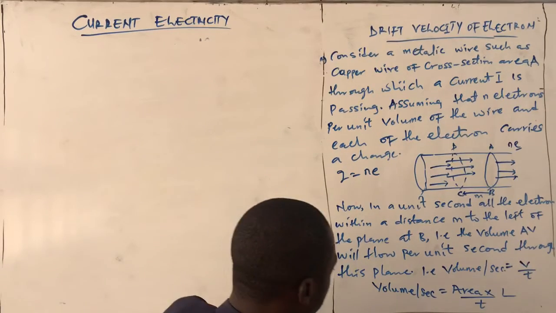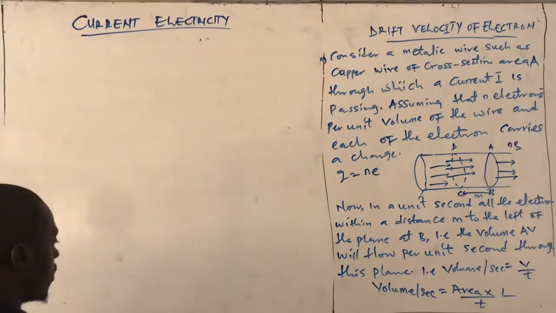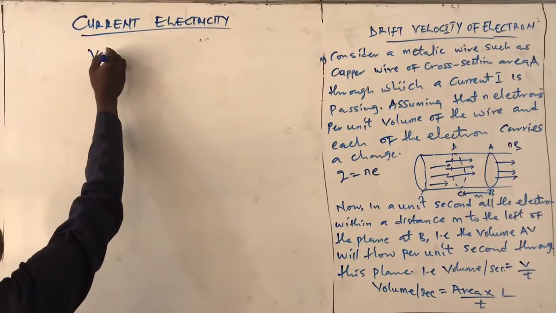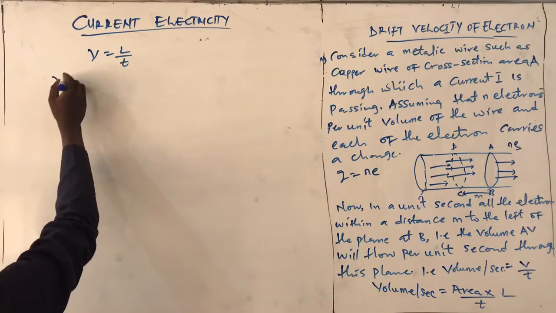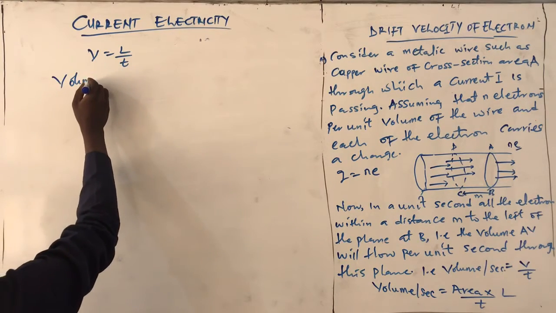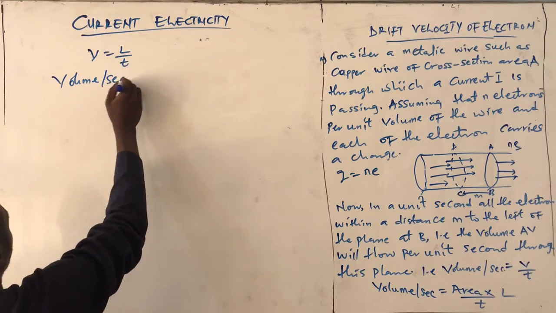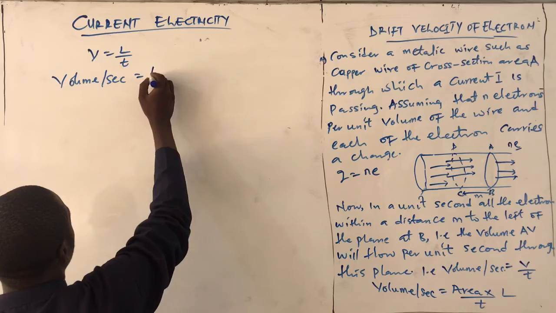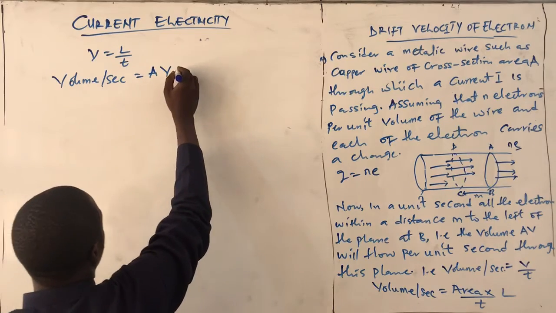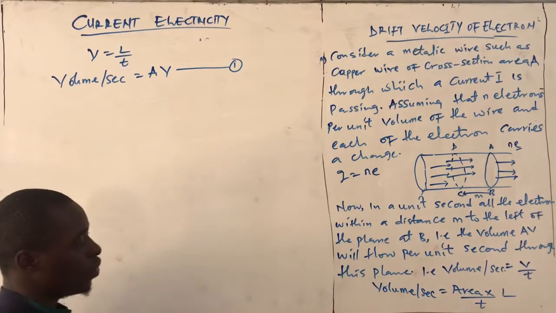So if you have area times length all over time, we know that velocity is equal to distance all over time. If I substitute it here, it means volume per second will be equal to area times velocity, AV. Let's say this one is equation 1.